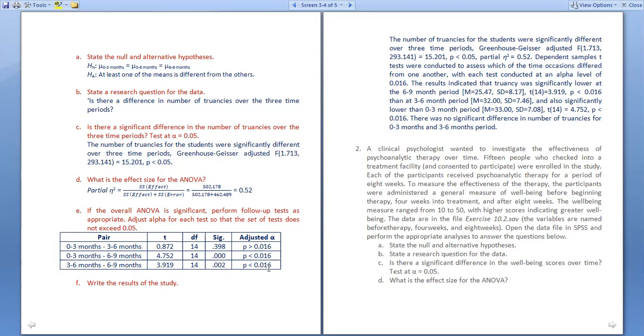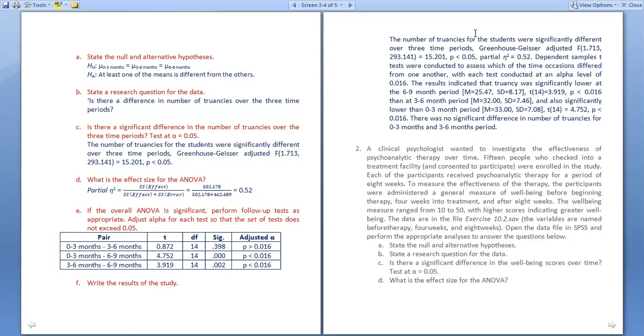So that is how we adjust alpha, to ensure that the total alpha for all the four or all the three or all the two, whatever the number of levels we have of the independent variable, does not exceed 0.05. And finally, we are writing the result for the study.